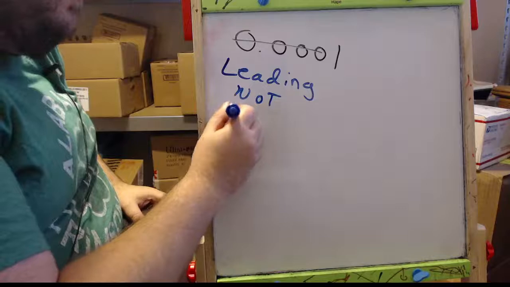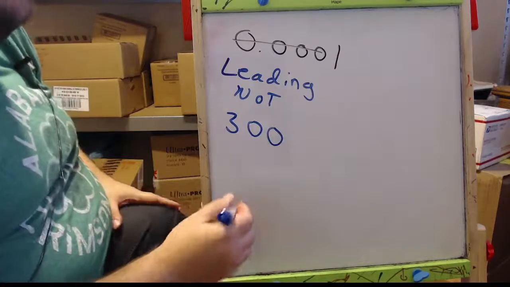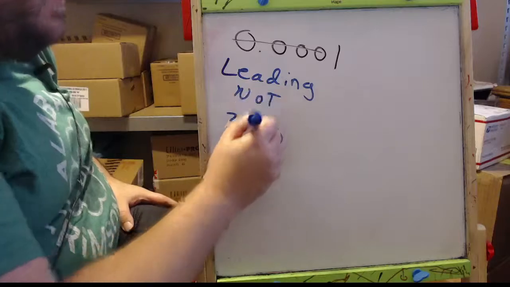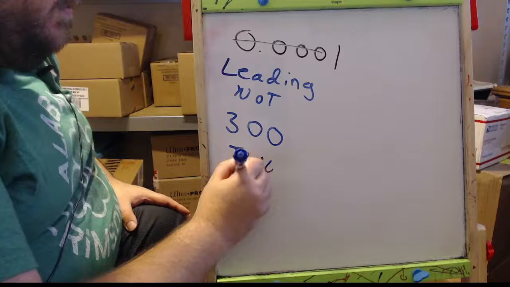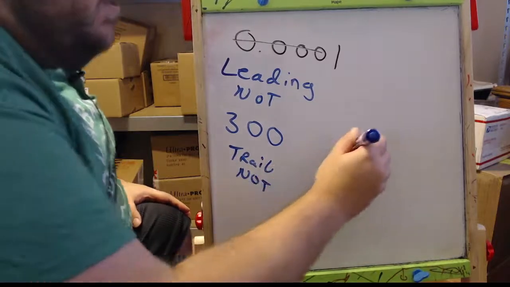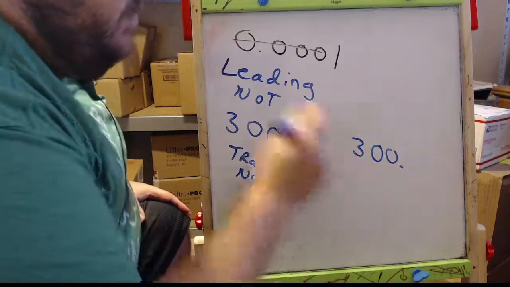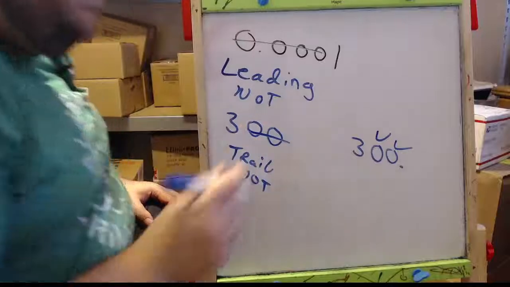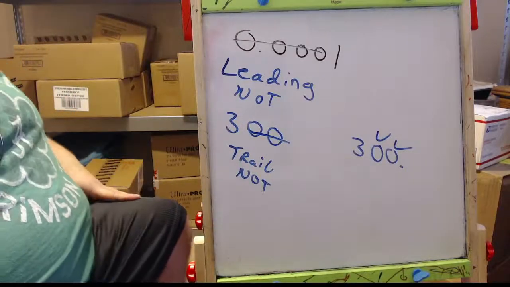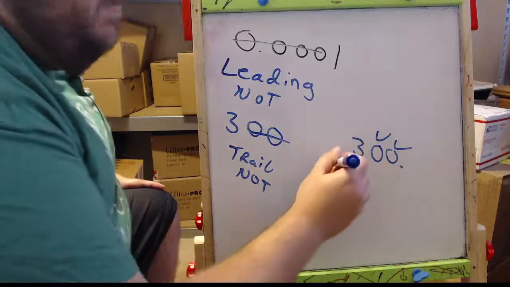If they are trailing zeros, again, they're placeholders for 300, they're not. So trailing, they're not. However, if there's a decimal in the number, like this, then they are significant. So here, they're not. At the end, they're significant.